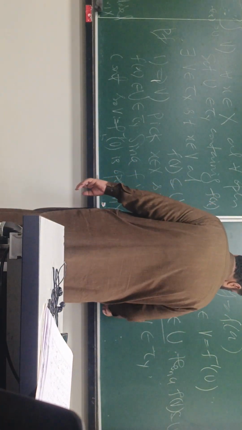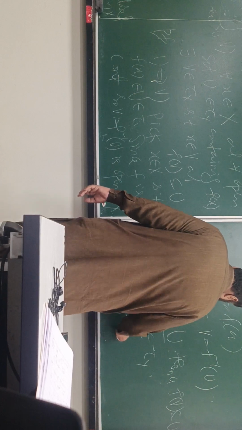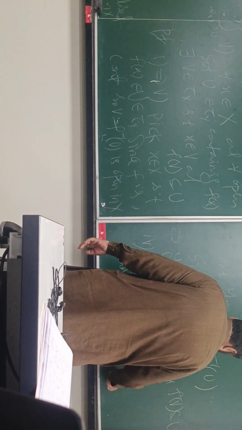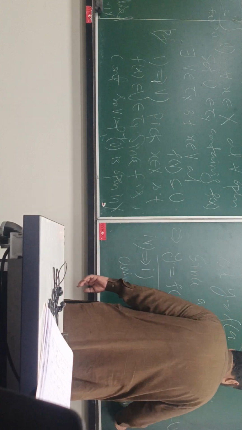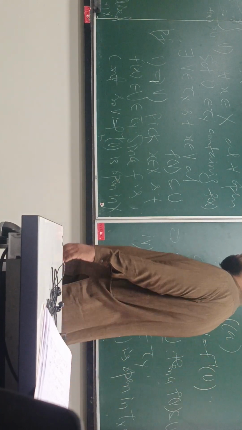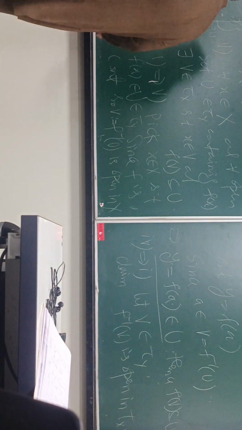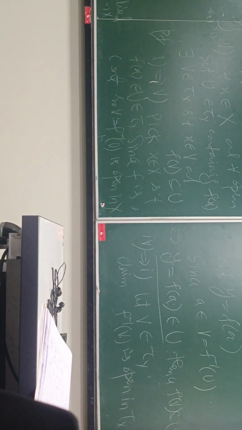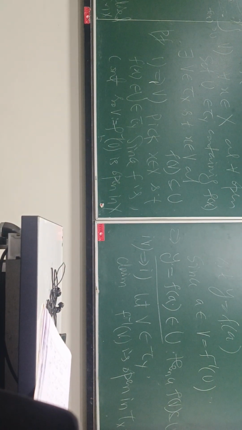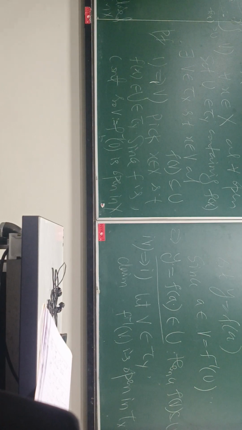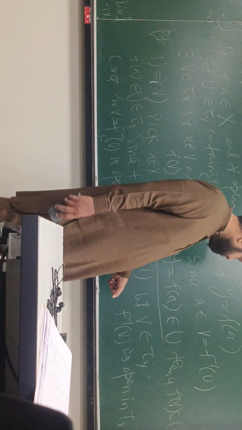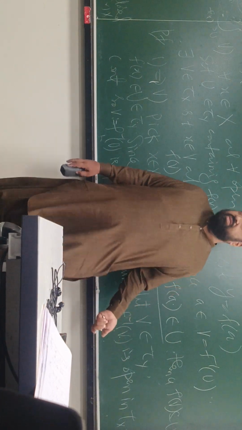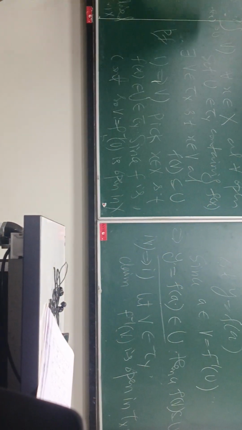Claim ये है कि इसका जो इनवर्स इमेज है, this is open in R1. Now how do you prove something is open? उसमें से एक एलिमेंट लें, उसका एक नेबरहुड ढूंढें, प्रूव कर दें कि उसको कंटेन करने वाला जो नेबरहुड है वो सबसेट है इसका. That's what you have to do. So let's begin.